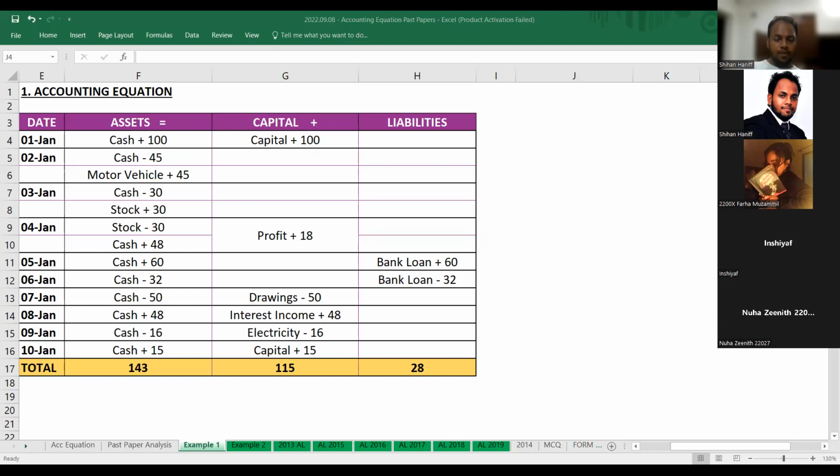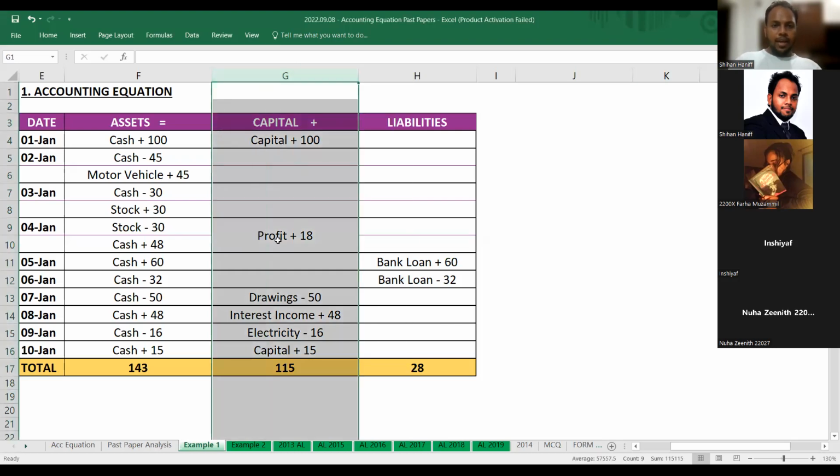Now, another important thing in the accounting equation is the profit equation. Understanding the profit equation. The profit equation is derived using the capital column.